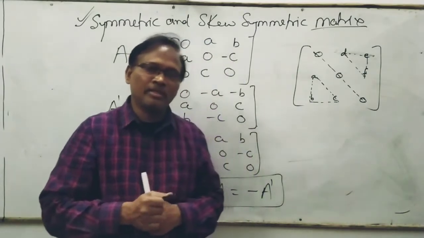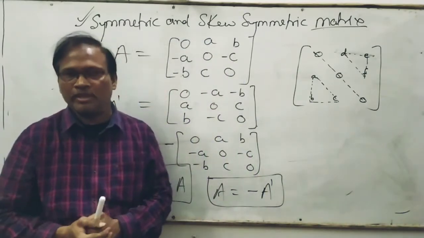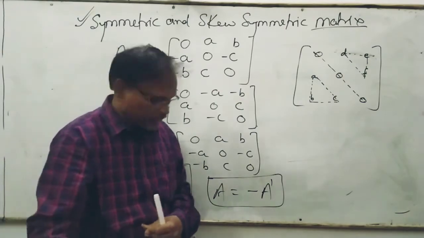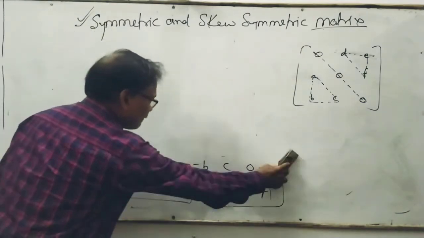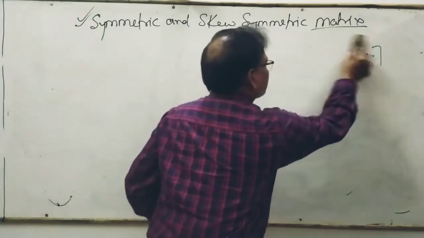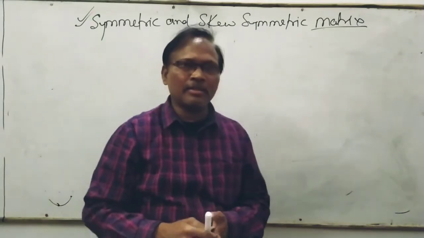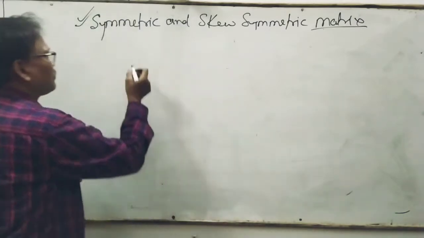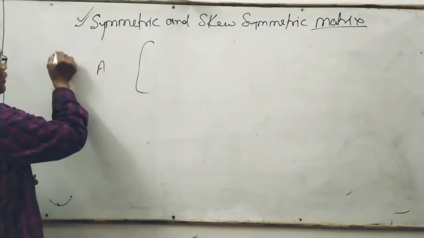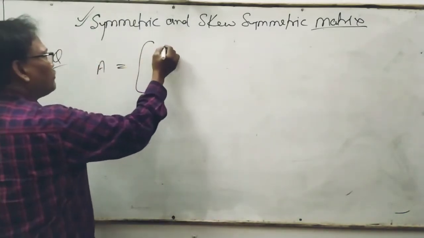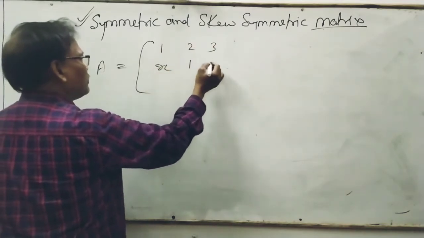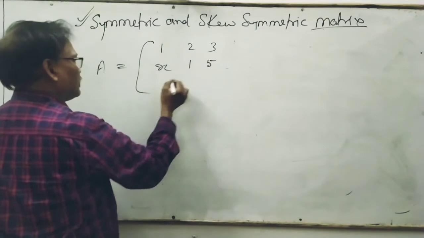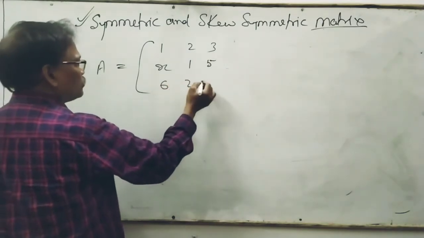Thereafter, there is one type of question, a different one that you can do in this exercise. ऐसे तो कोई भी क्वेश्चन बड़ा इजी है. Suppose it is given the matrix A, one question, matrix A is 1 2 3, x 1 5 and 6 2 y.